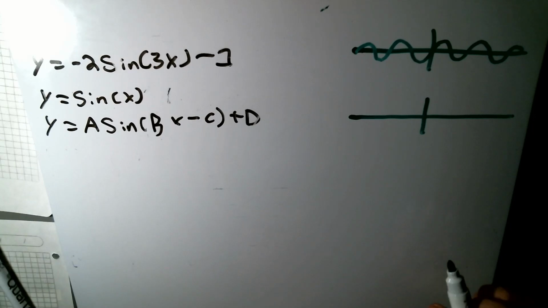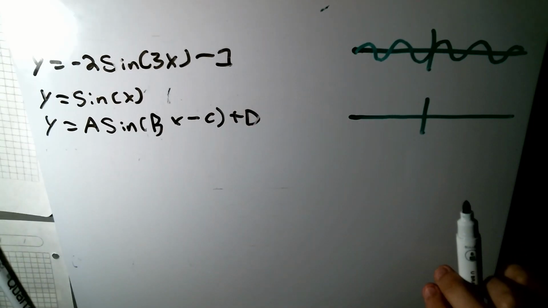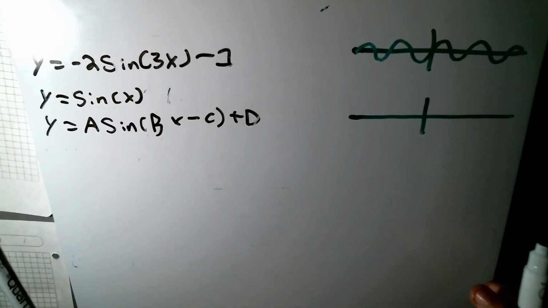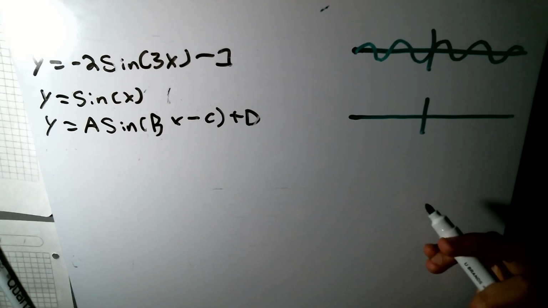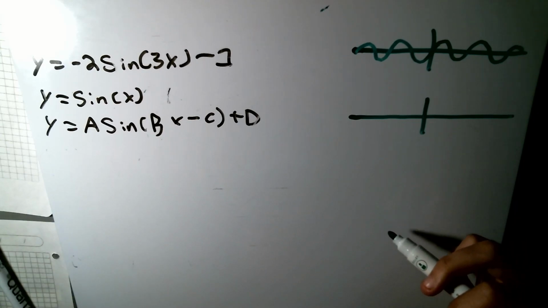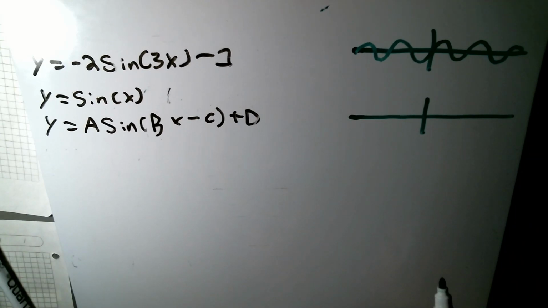Now the 3, which is the frequency, will make it 3 times more skinny. The period will be a third of the normal sine graph. That's another thing that we know from the graph.